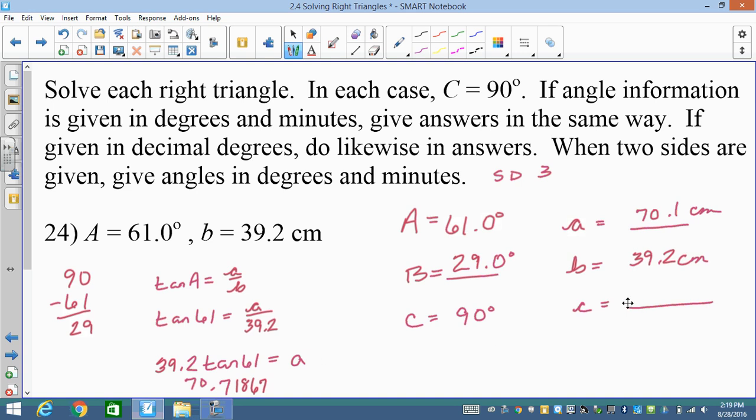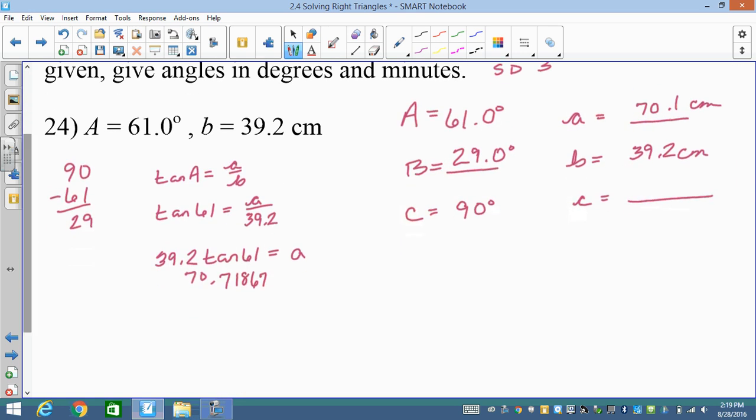Okay, now we have little c to find, but I'm still going to stick with angle A, and I have to stick with the information they gave me, which is b. So cosine, because I'm not using my opposite, that means I'm using adjacent. Cosine of A is little b over little c.